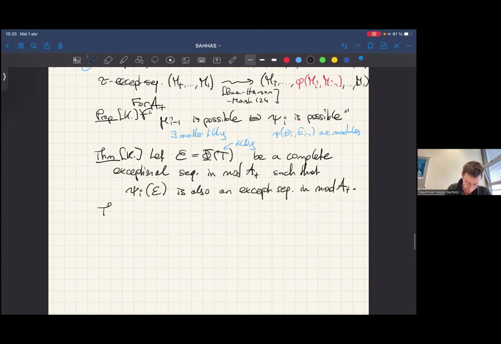Then we can say that this psi I of E is the same as the phi I of E, and it's the same as applying this Mendoza-Treffinger bijection to the mutated tilting module at I minus 1.